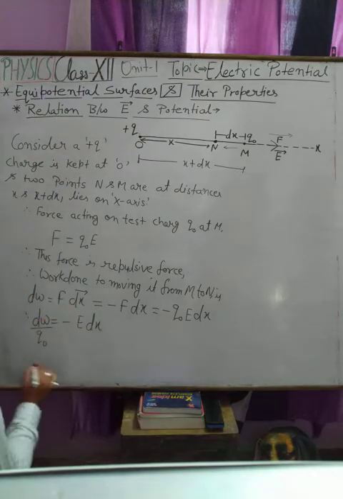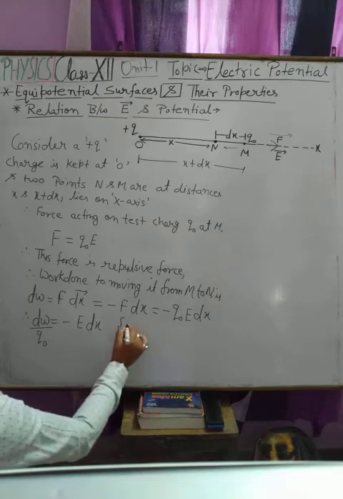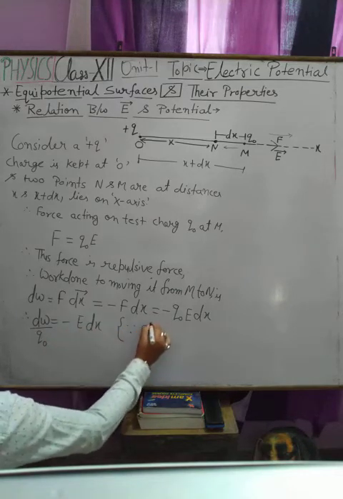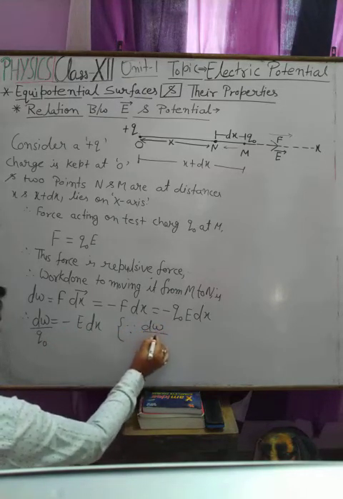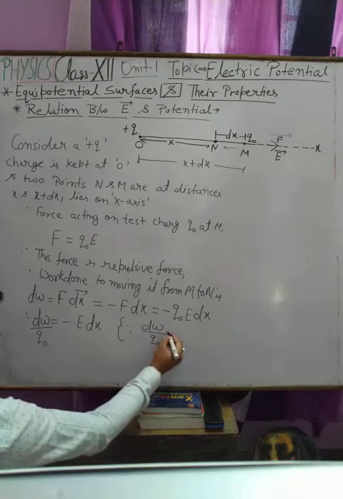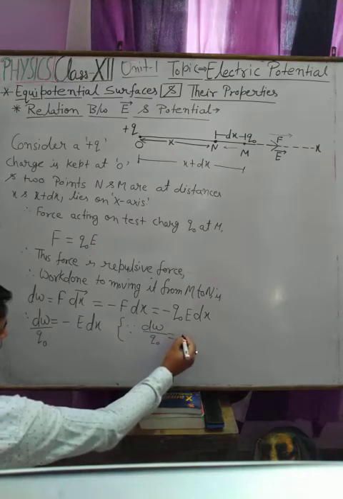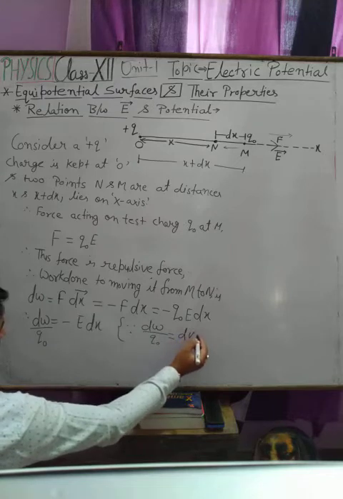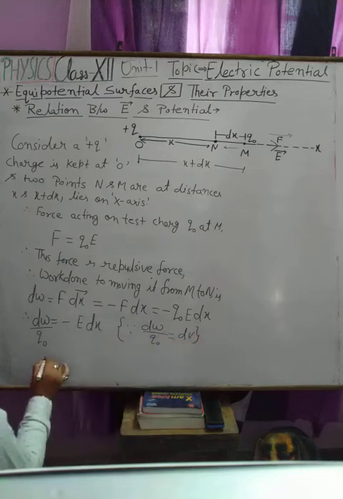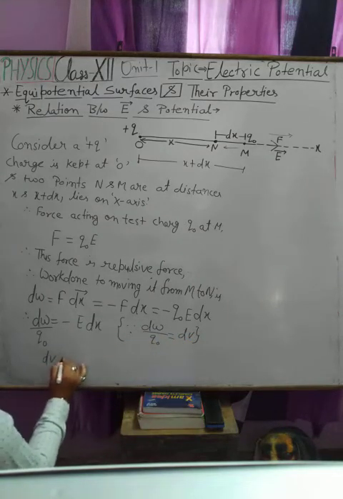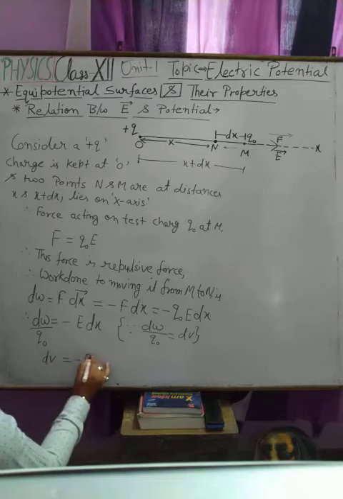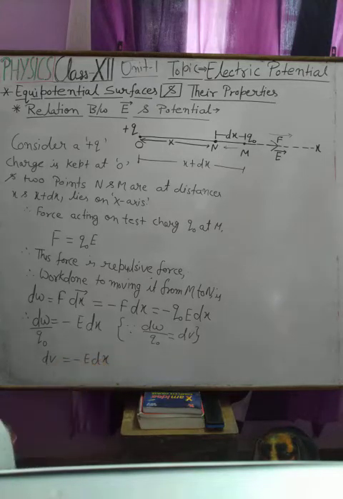Here student, you all know W upon Q naught is equal to potential, that is dV. Therefore, dV equal to minus E dx.